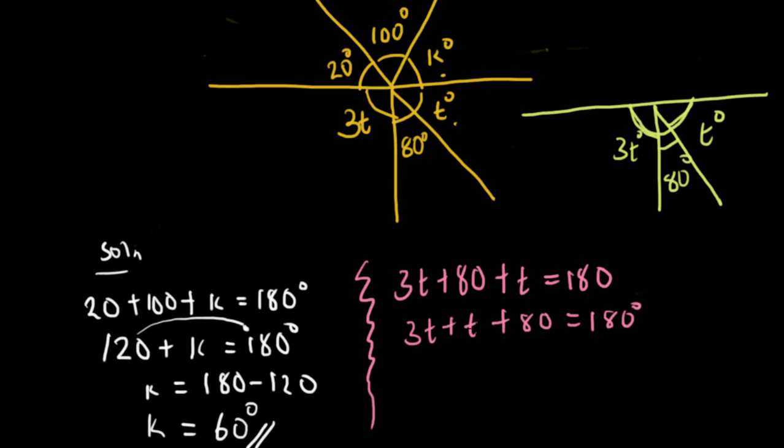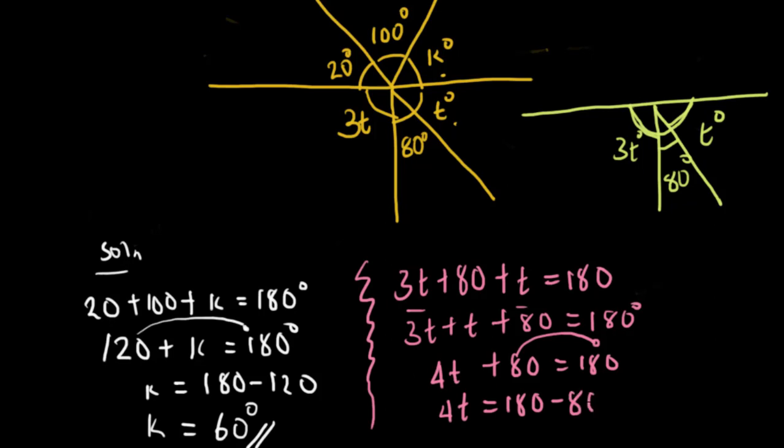Do you see I've not taken anything across the equal sign? So the sign did not change. I just rearranged to bring 3t and t together. 3t plus t will give us 4t, and then I have plus 80 equals 180 degrees. So 80 goes to meet 180. I'll have 4t equals 180 minus 80 degrees.